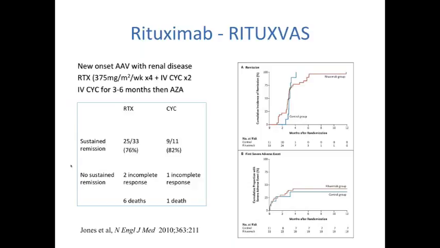Similarly, if one looked at the time to the first severe adverse event between the rituximab group and the control group, again there was no significant difference. If one looks at sustained remission rates, they're the same, and the death rate was the same in the two groups. So one could conclude from that study that rituximab was certainly no less effective than cyclophosphamide.